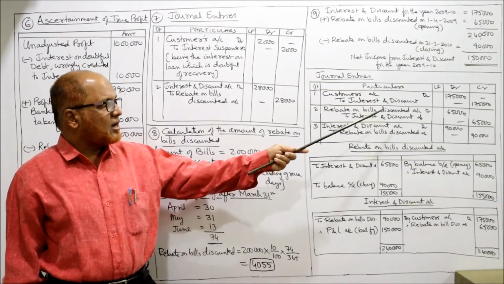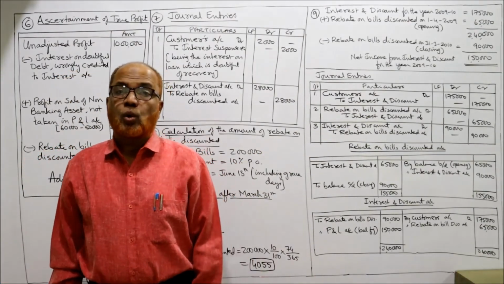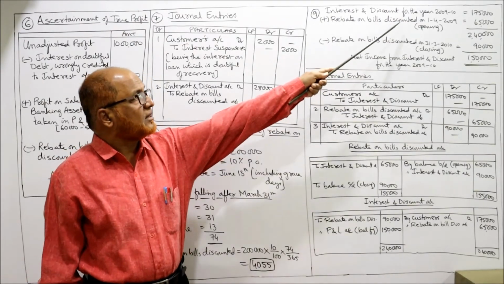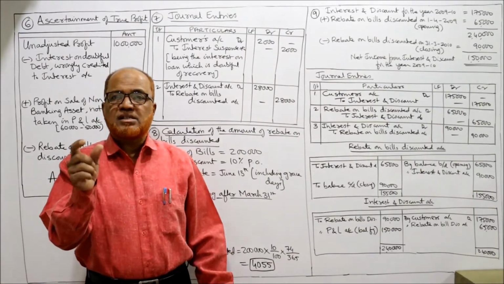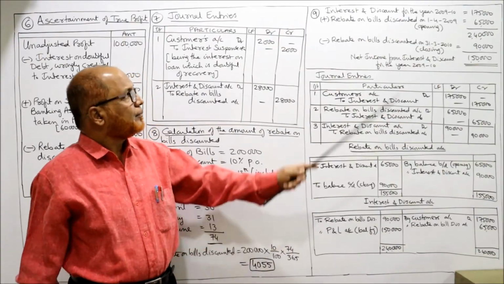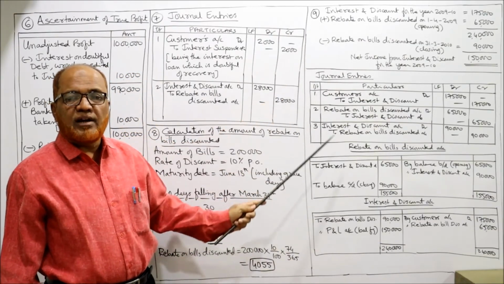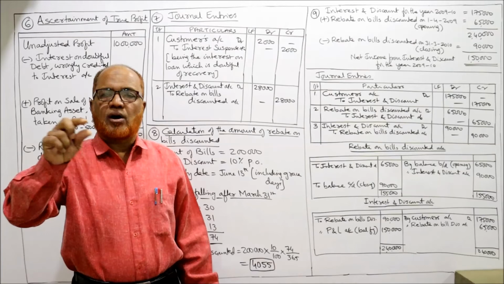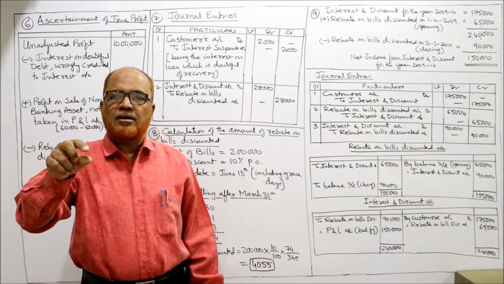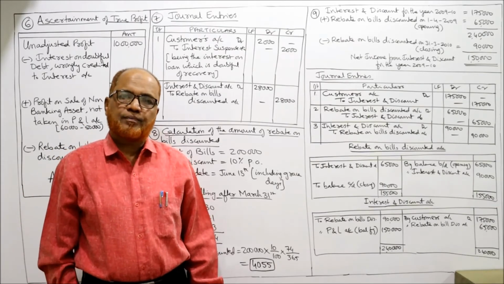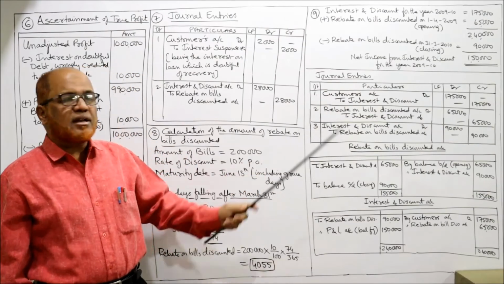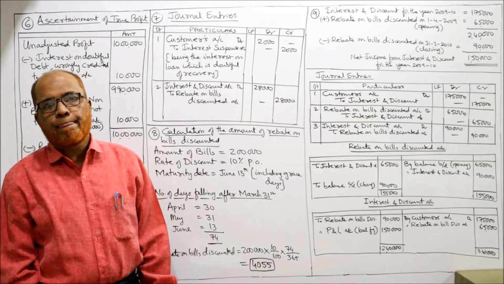Now rebate on bills discounted account debit to interest and discount. Opening rebate. The rebate on bills discounted at the beginning of the year was 65,000. बिगिनिंग ऑफ द ईयर में 65,000 रुपीज रिबेट ऑन बिल्स डिस्काउंटेड था. इसको करंट ईयर में ऐड करें, right? तो उसकी एंट्री होती है rebate on bills discounted account debit to interest and discount 65,000, being the opening rebate added to interest and discount, being the opening rebate adjusted in interest and discount. ये एंट्री पास करने से opening rebate will get closed.